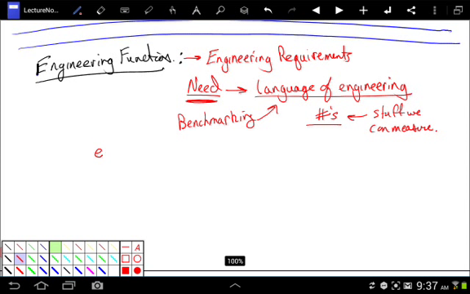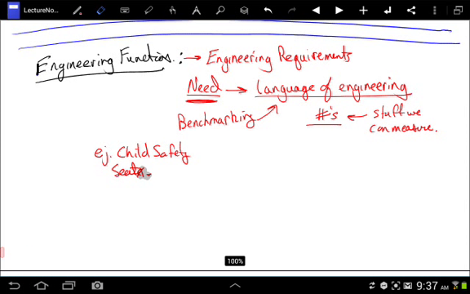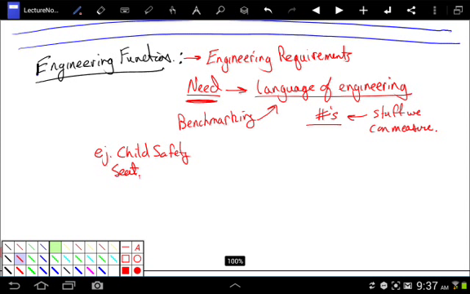Let's do the example of child safety seat. Oops, there's no E at the end. Let's cross that out. So with a child safety seat, we've talked about a lot of the needs of this. Let's talk about some engineering requirements.